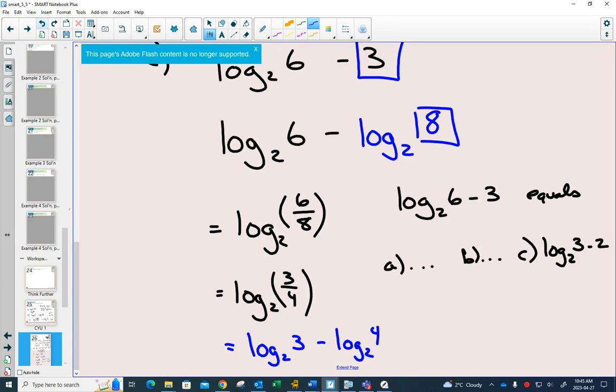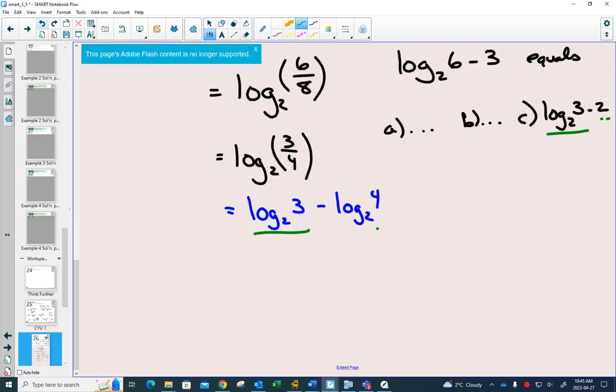Do you see that we have the log base 2 of 3 and the log base 2 of 3? And 2 to what exponent is 4? That is equal to 2. So logs get kind of weird sometimes because you can play around with them and make things equal that don't even appear to be equal.